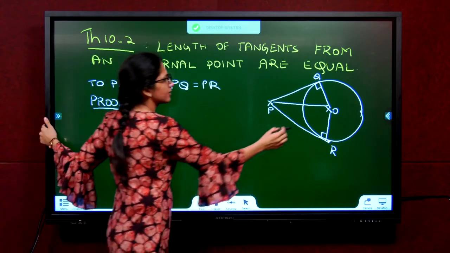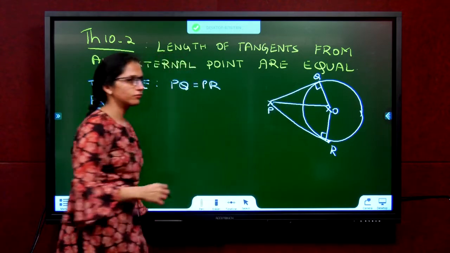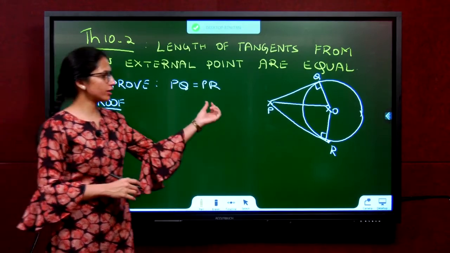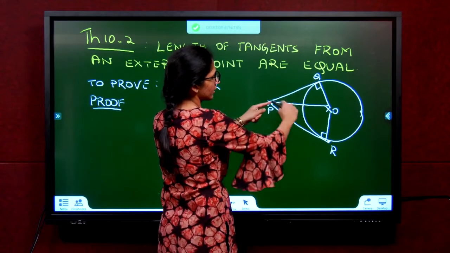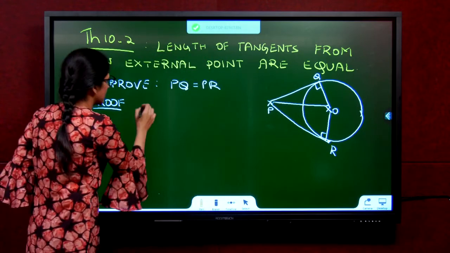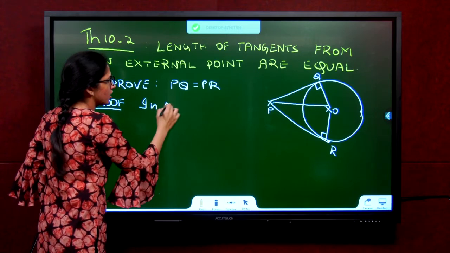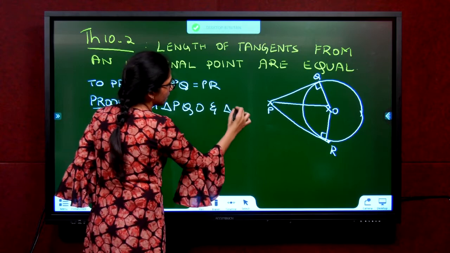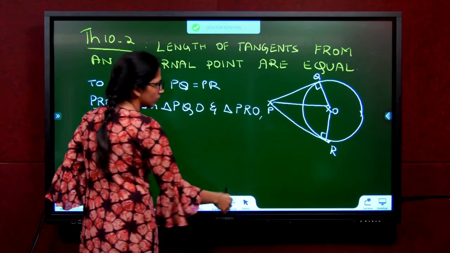Which are the two triangles? OPQ. Now I have to prove PQ equals PR. PQ belongs to this triangle and PR belongs to this triangle. So I will take those two triangles. In triangle PQO and triangle PRO, what all do we have?